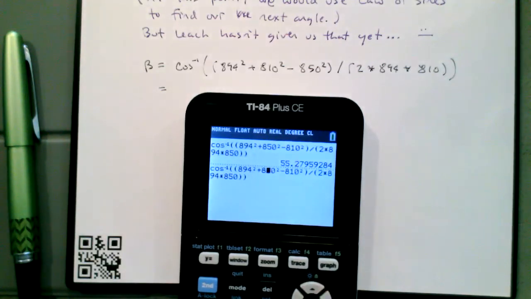So trade our 850 for our 810. So it looks like angle beta is 59.6 degrees.